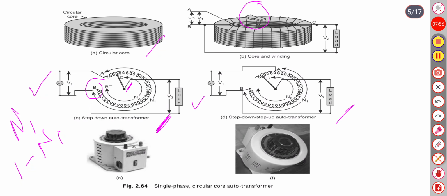Here in this case N1 is less than N2, meaning N2 may be more or less, but here the pointer is placed with N2 greater than N1, so this is called a step up transformer. These are the transformers available in the market. Some people also say variac.